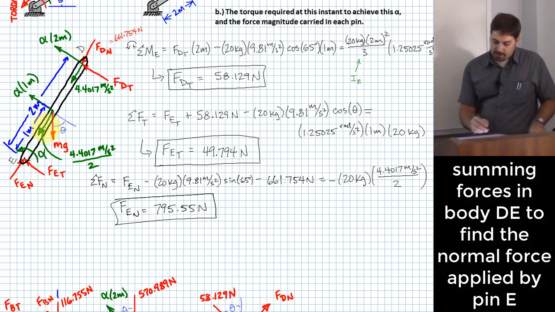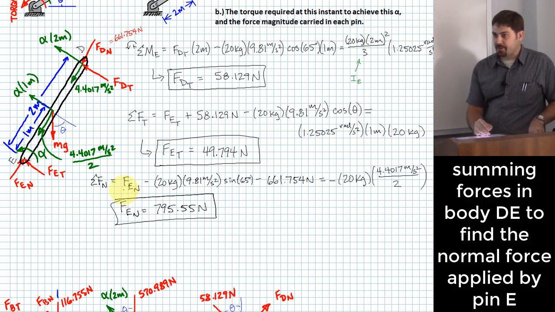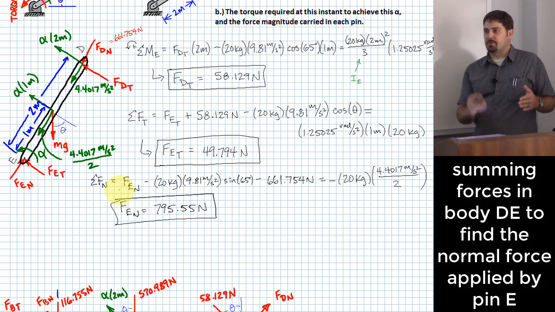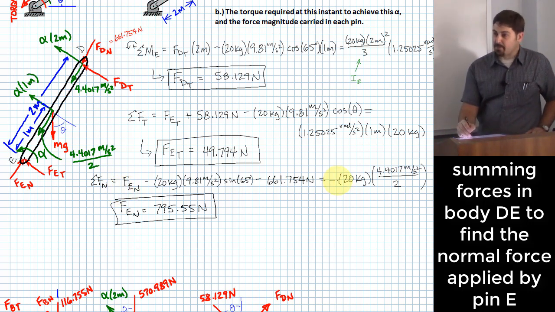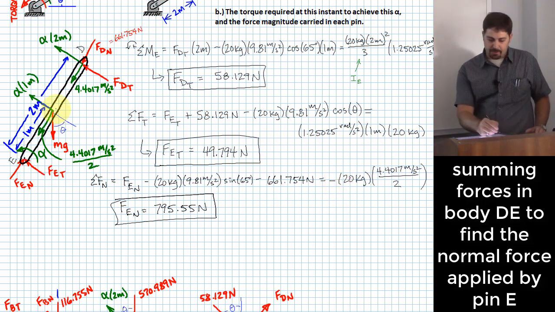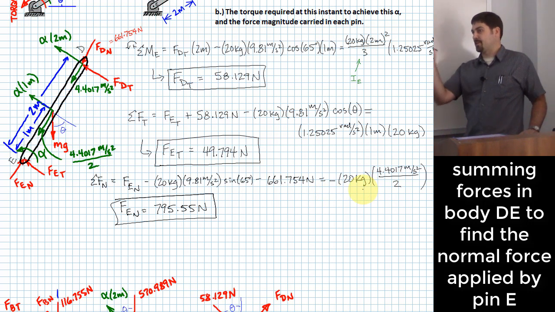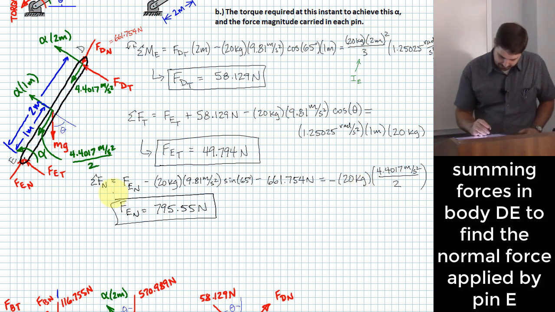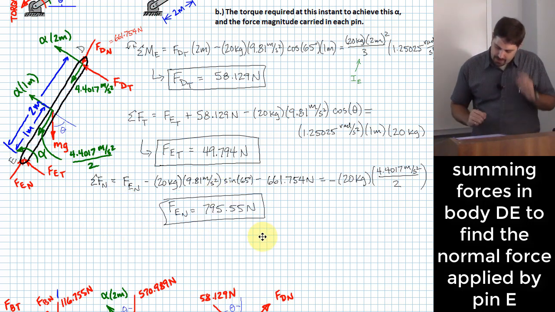And I was using the direction of FEN as my positive direction here. So that means I was not matching direction of my forces with the direction of my acceleration. Okay? So now I have matched them because I'm basically saying my acceleration there is the opposite direction of the direction I was assuming positive for my forces, which is what my arrows indicate. All right. So that's good.